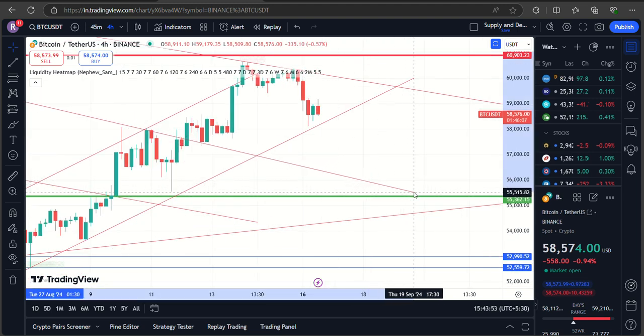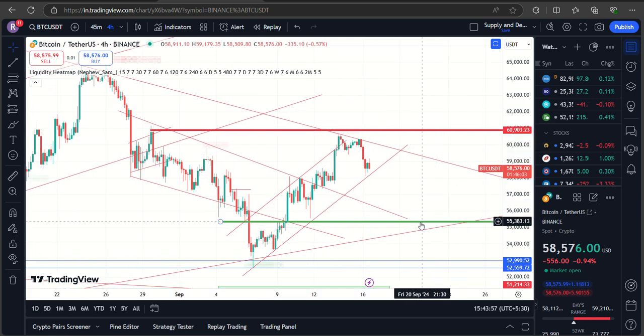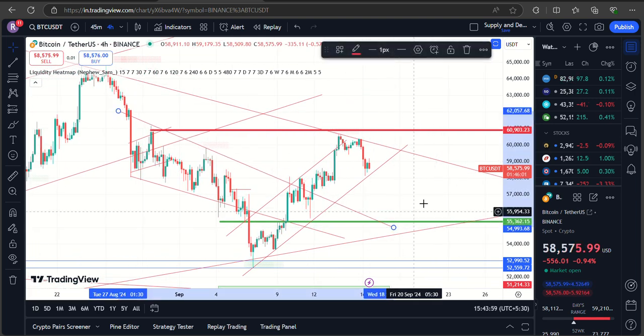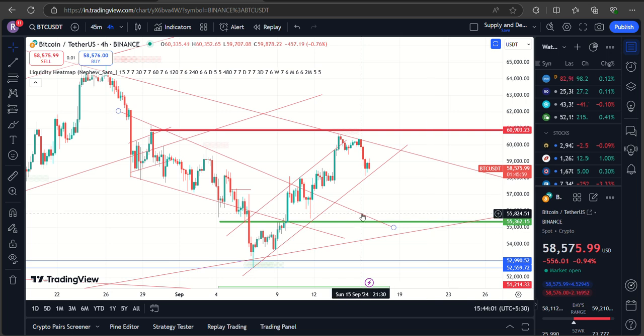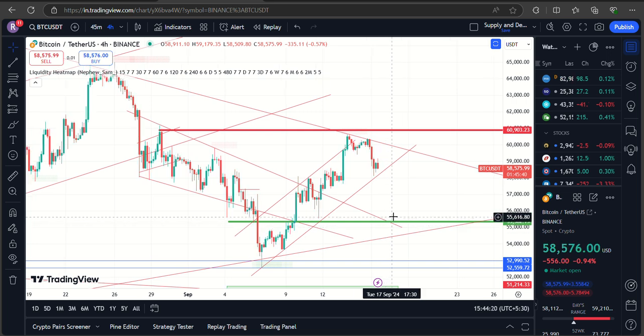We might fall back to the falling wedge channel, which is almost around the same area where you have maximum support, which is at 55,300. If we break this trend line, if we break this channel, then only we are going to go around 55,300 or 55,400.